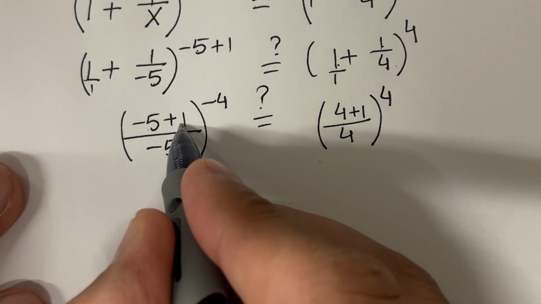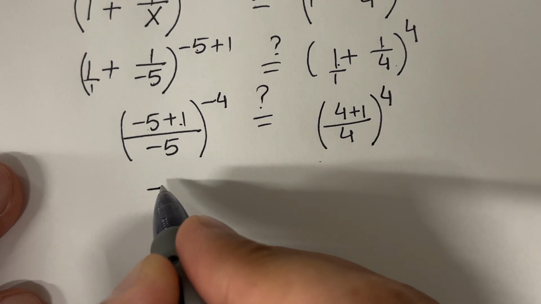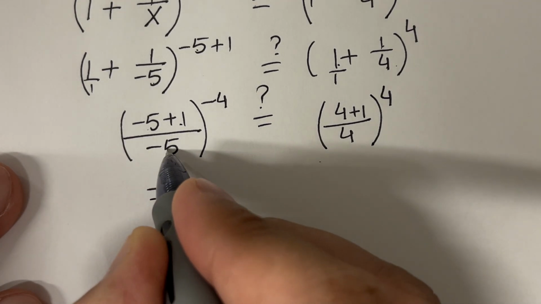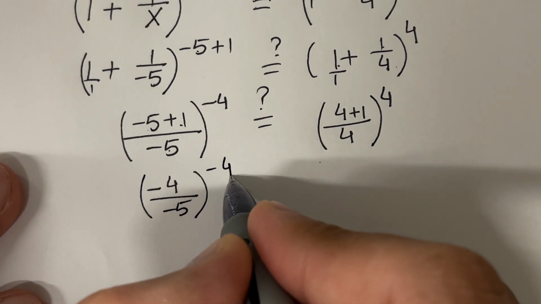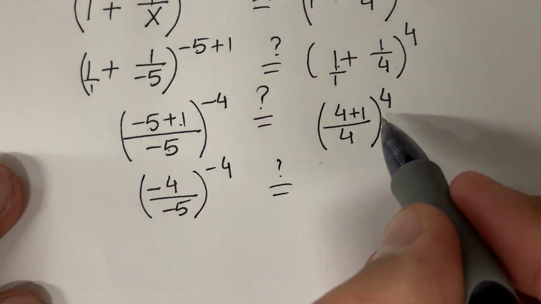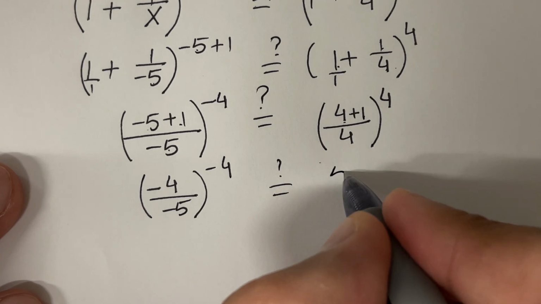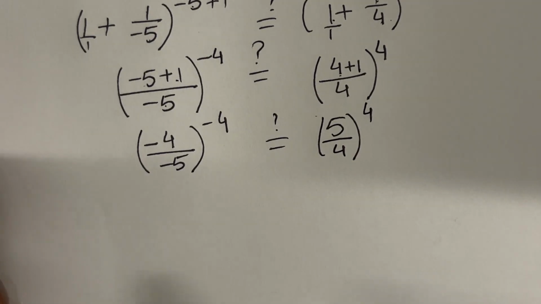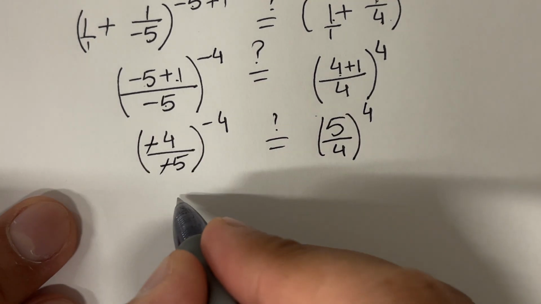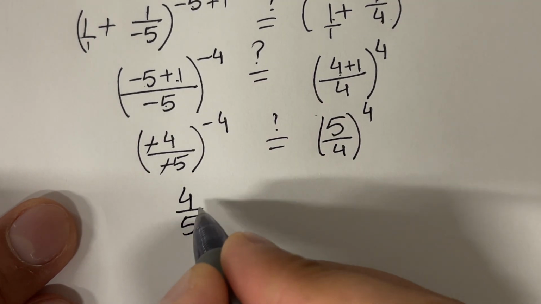What is negative 5 plus 1? That is negative 4. We have negative 5 raised to the power negative 4, and we want to see if this is equal to the right hand side. 4 plus 1 is 5 divided by 4, right? Minuses will cancel each other. We have 4 divided by 5.